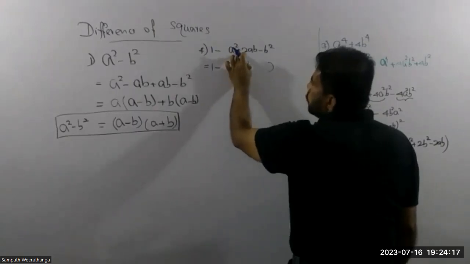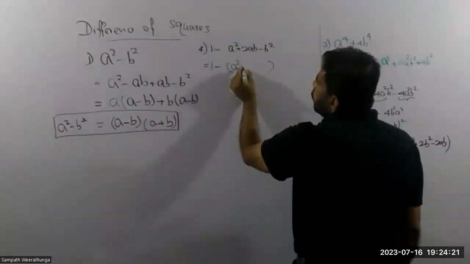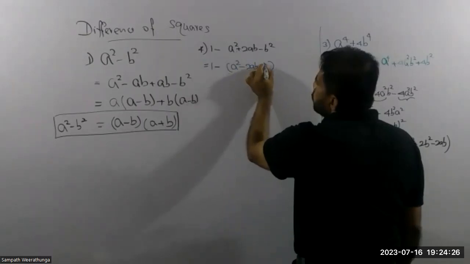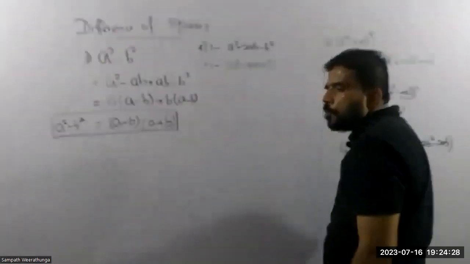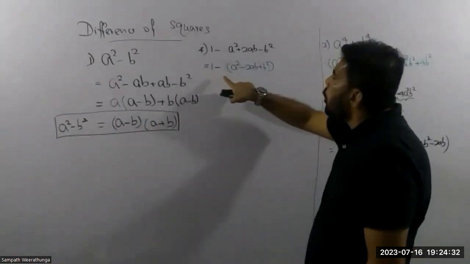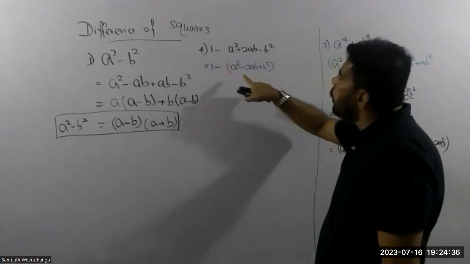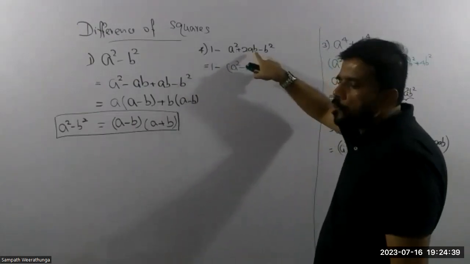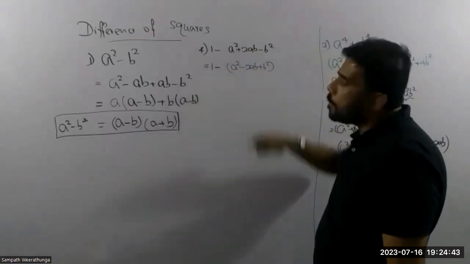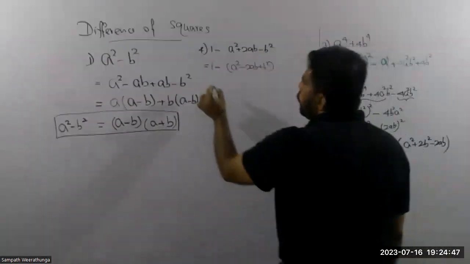But here it is positive, and I have taken minus 1 as a common term, so I have to take this as a minus term, and here it is a positive term. You know this, because to keep the validity, once you remove these brackets you should get the same previous equation. That's why I did this negative positive manipulation. We are already familiar with this. Right.